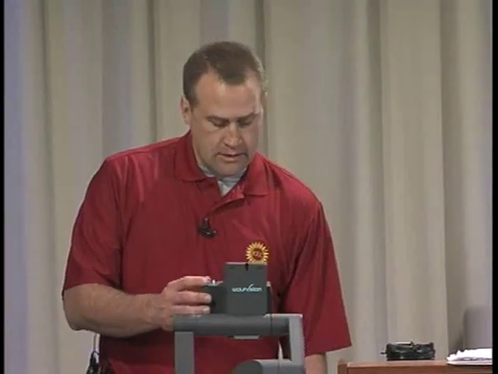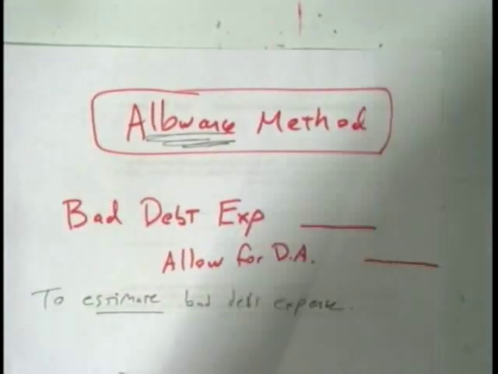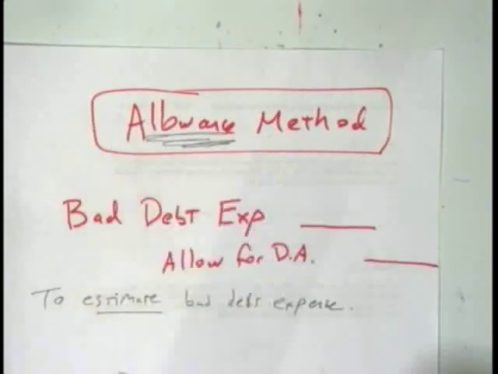As a refresher, we know the journal entry to estimate bad debt expense under the allowance method is always a debit to bad debt expense and a credit to allowance for doubtful accounts, correct?